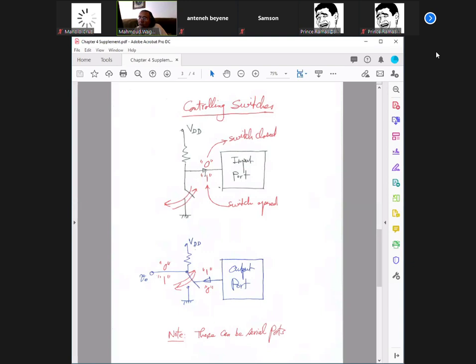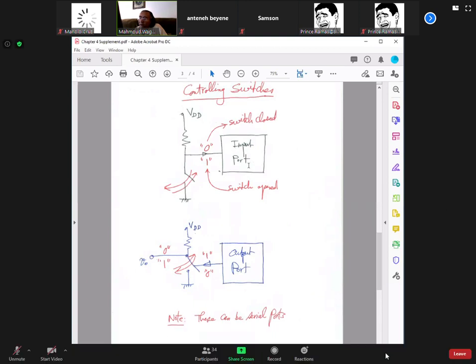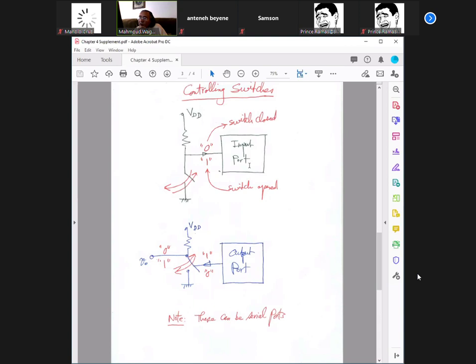If you read 1, that means the switch is open, so it's connected to VDD. So you can tell whether the switch is open or closed by the number that you read, whether it's logic 0 or logic 1. So that's converting the mechanical situation into an electrical signal, so to say.